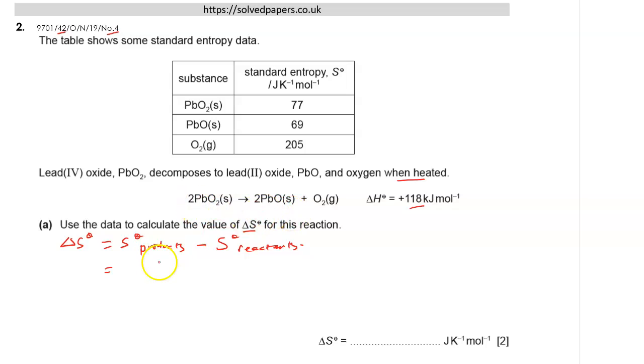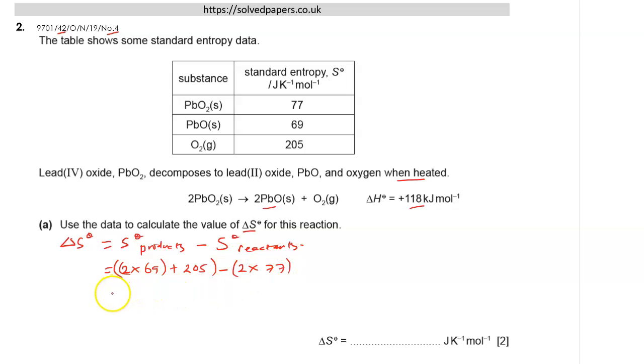So it will be 2 times the standard entropy of lead oxide, which is 69, plus, oxygen is just 1, plus 205, and all of this you take away the entropy of the reactant, which is 2 times 77 right there.